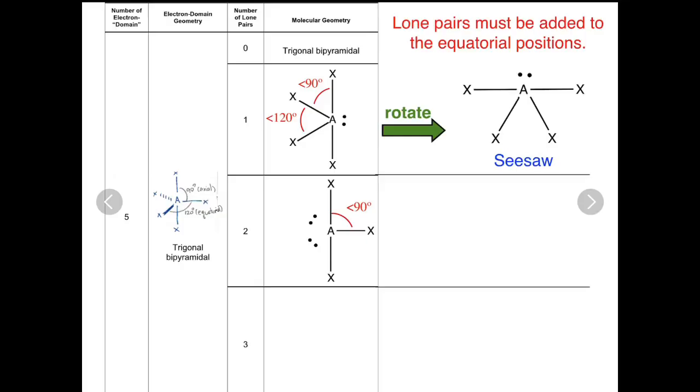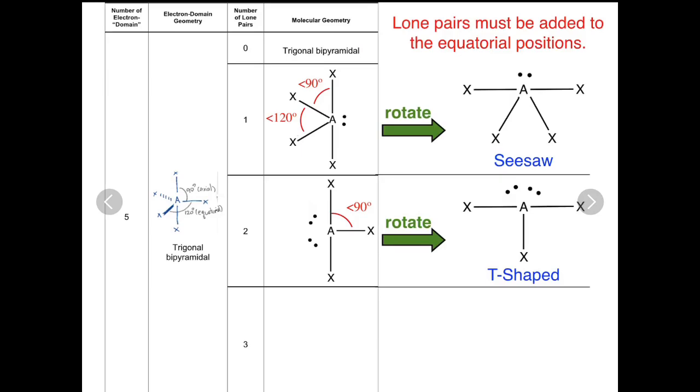The easiest way to see in two dimensions is to add the lone pairs in these two, because that puts these two electron pairs on equatorial further away from each other, which is 120 degrees, and also further away from this bonding pair as well. So in this case, if you rotate this, if you flip this like this, it looks like a T. So the shape of the molecule for this one is called T-shape.